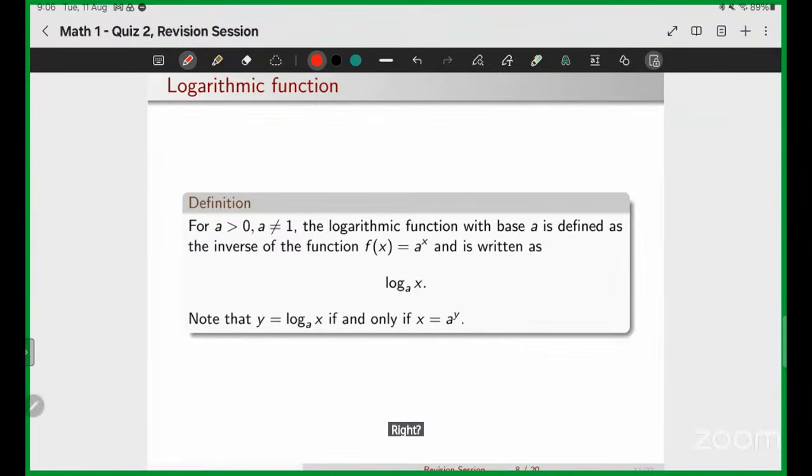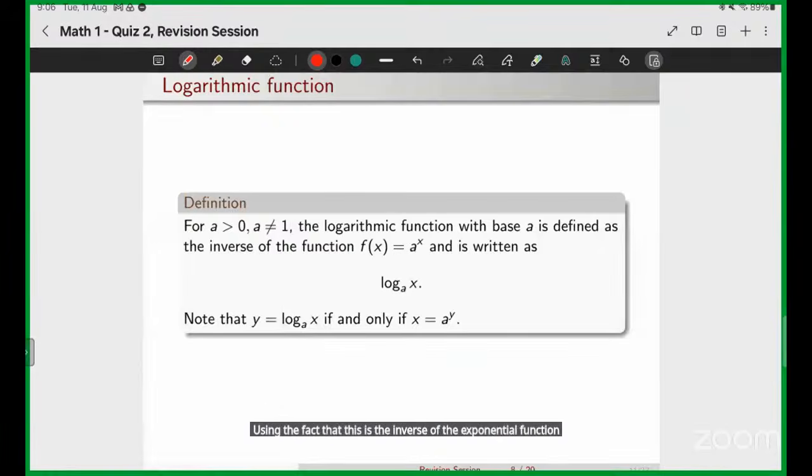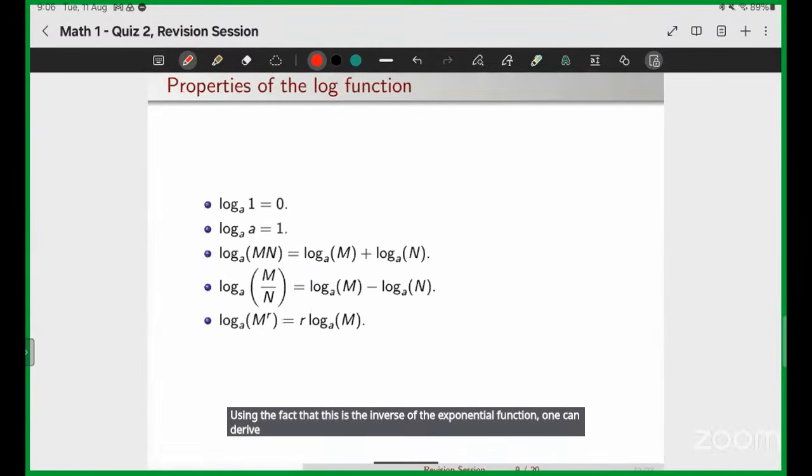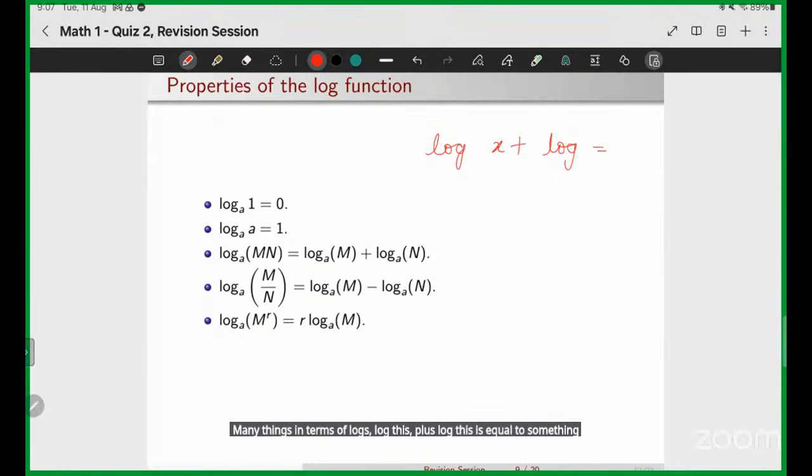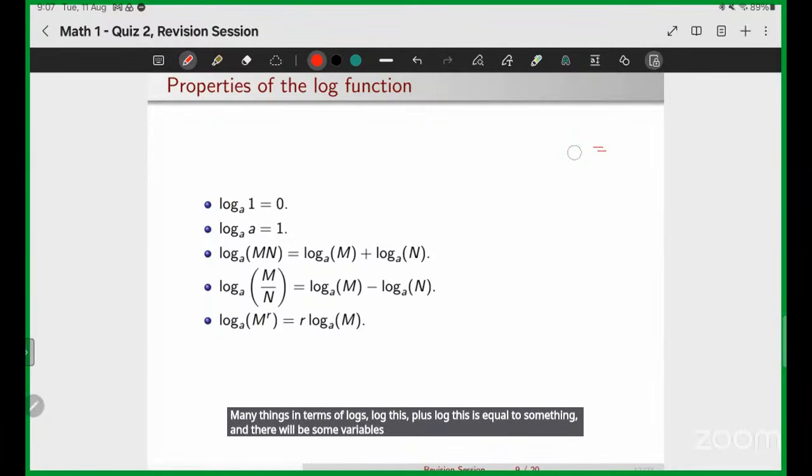Now, using the fact that this is the inverse of the exponential function, one can derive certain properties, and these properties you will have to use to solve what are called logarithmic equations. Usually you will have many things in terms of logs, log this plus log this is equal to something, and there will be some variables which you have to solve for.